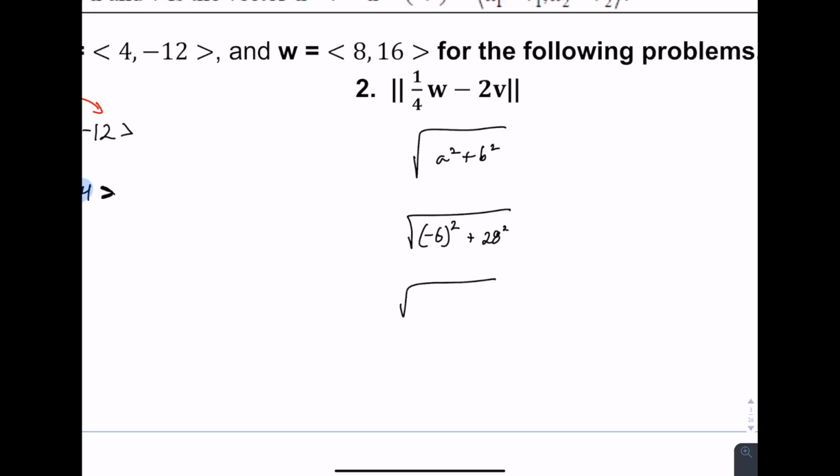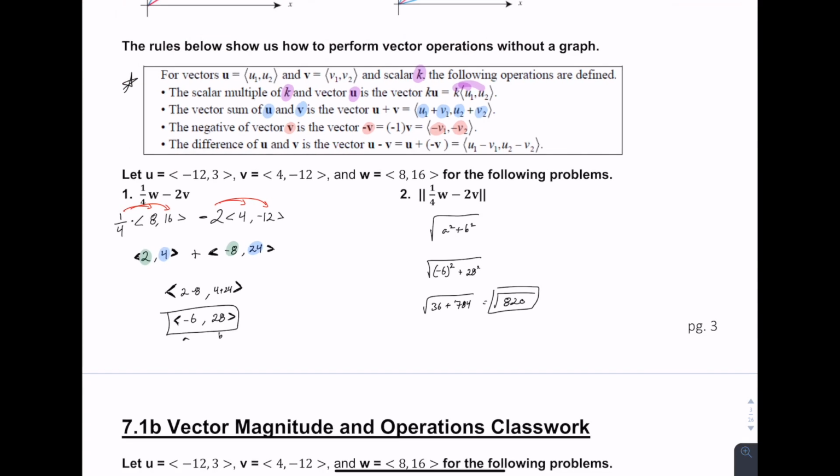This would become the square root of 36 plus, now if you have a calculator, 28 times 28 is 784. And so after adding this up, your final answer would be the square root of 820. Okay, and that's it. Okay, that's as complicated as it gets. You already know how to do this math. You just have to get used to doing it with vectors.